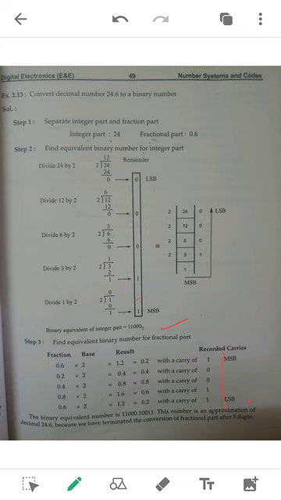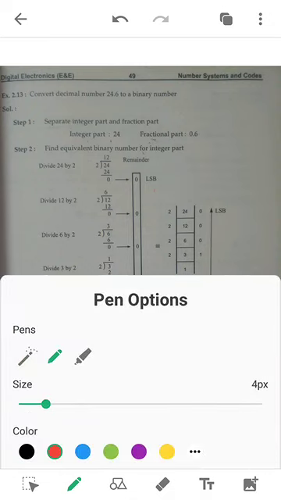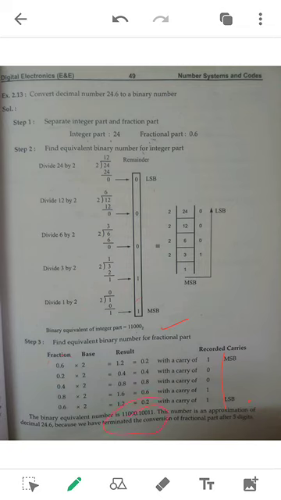So this combination is the equivalent of the decimal number 24.6. So here you can see, that is the equivalent binary number.